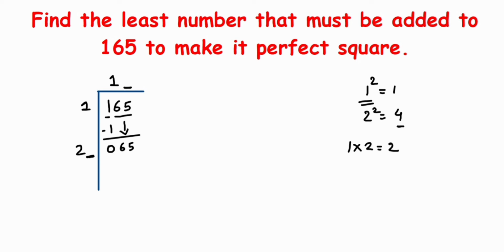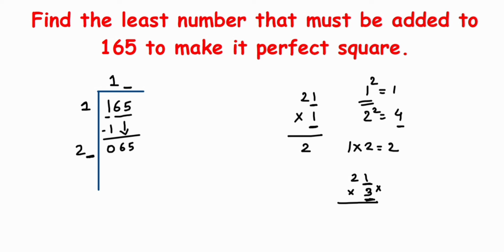Like 21 multiplied by 1. See, I've taken 1 in the ones place and I'm taking 1 in the quotient also. So this is how it should be taken. I cannot take 21 multiplied by 3, because the number in the unit place and the quotient become different. That is not possible. So 21 ones is 21.